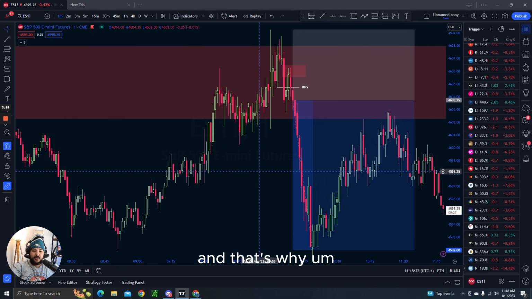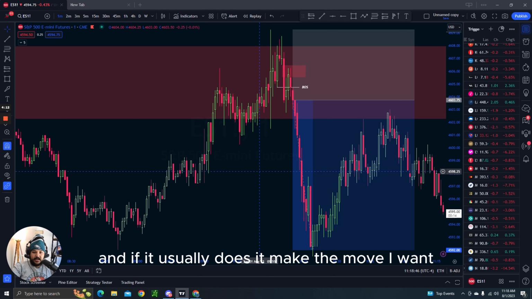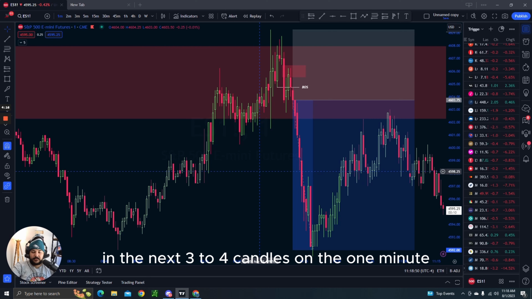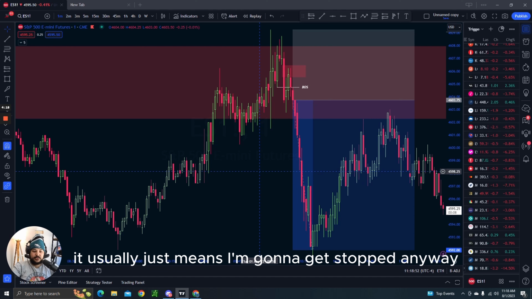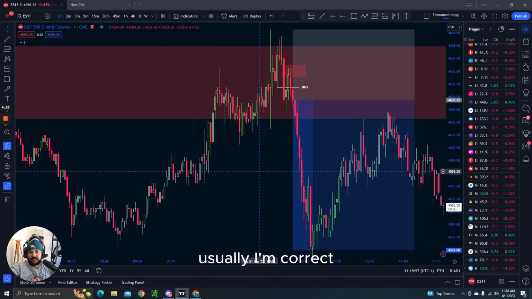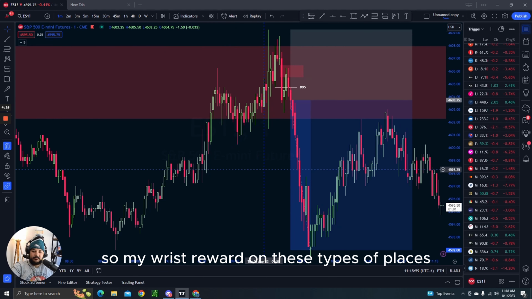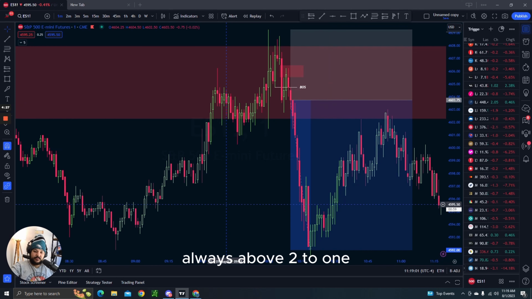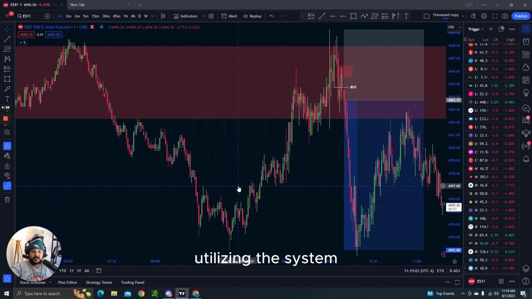That's why when I trade, I take on a little heavier size on trades like that, where I enter with a very, very tight stop loss, and if it usually doesn't make the move I want in the next 3 to 4 candles on the 1 minute, it usually just means I'm going to get stopped out anyway, so I could take an early stop loss, and usually I'm correct. So my risk to reward on these types of plays is always above 2-to-1, utilizing the system.